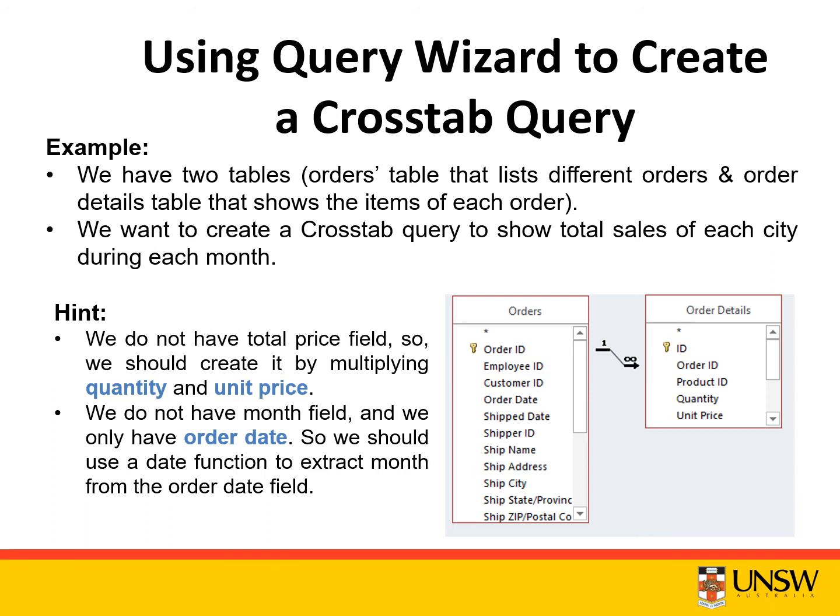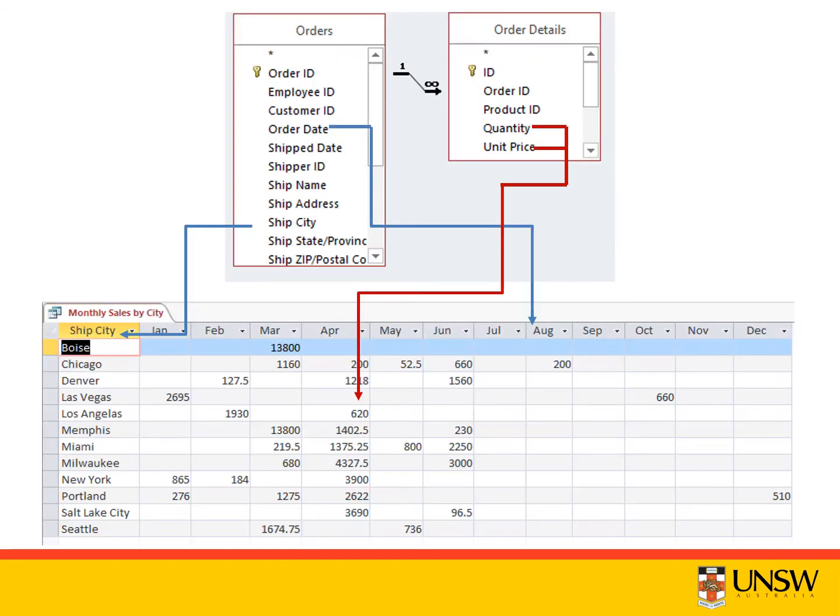In the Orders table, we stored orders information including their shipping detail, and in the Order Details table, we have the details of each order including the quantity and unit price. As you can see in this picture, the purpose of this crosstab query is showing the total sales of each city during each month.